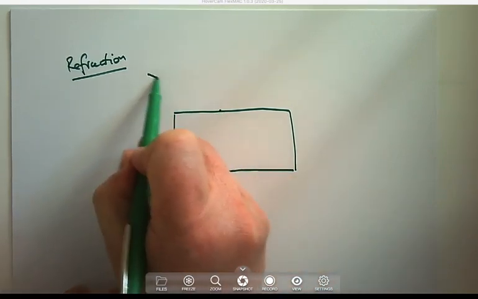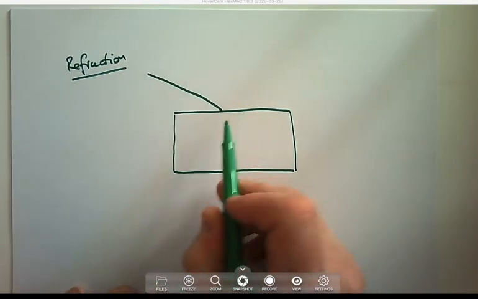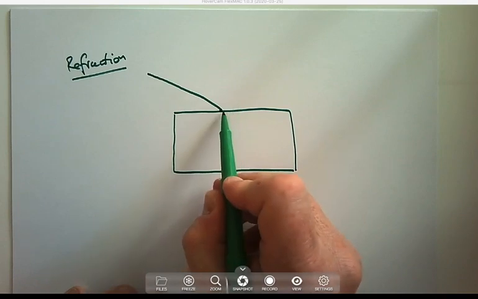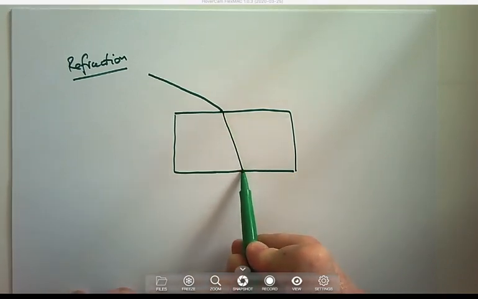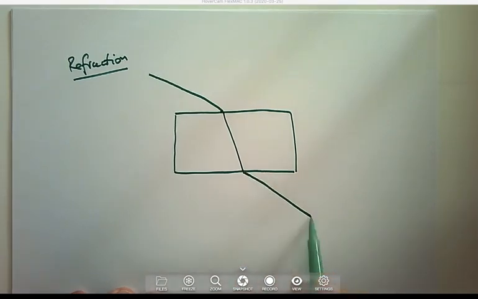And we saw that if we have an incident beam hitting the block of glass, we have a refracted ray and then we have another beam coming out of the block.